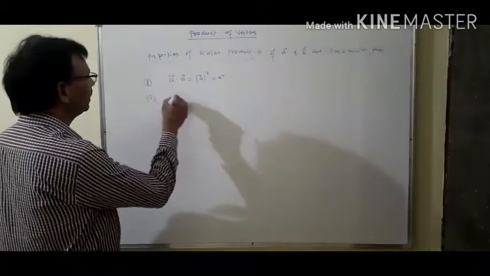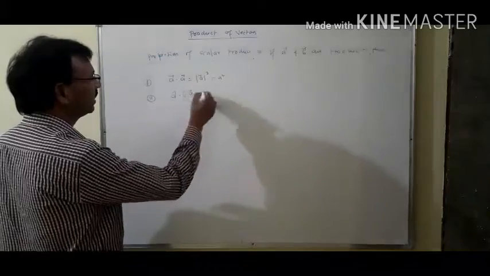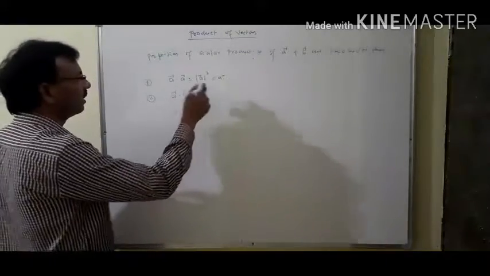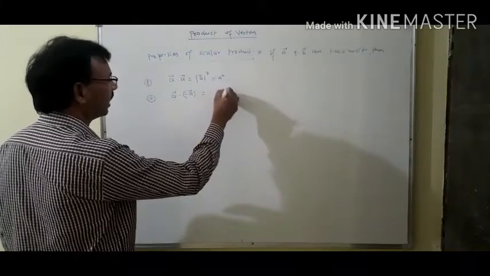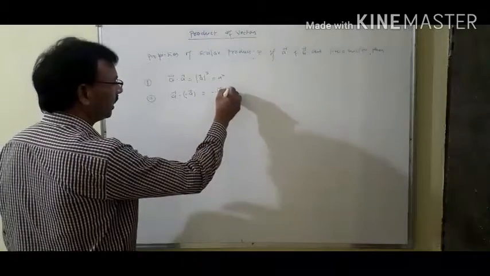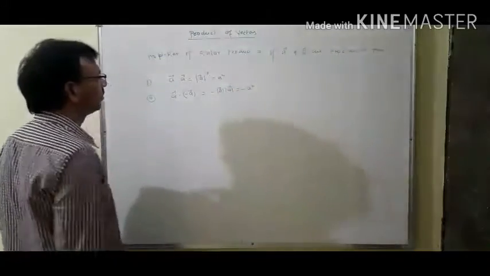Second, if vector A is multiplied into minus vector A, then this will be minus magnitude of A into magnitude of A, equal to minus A squared.